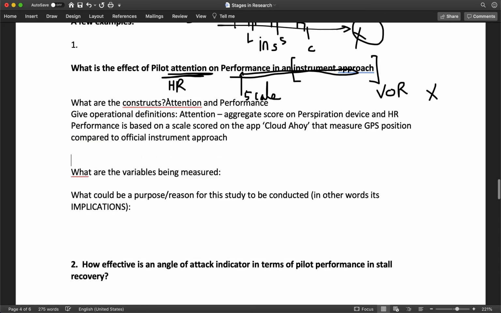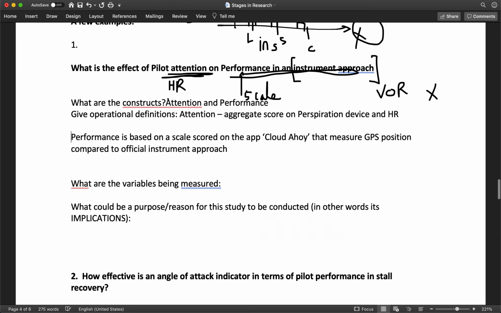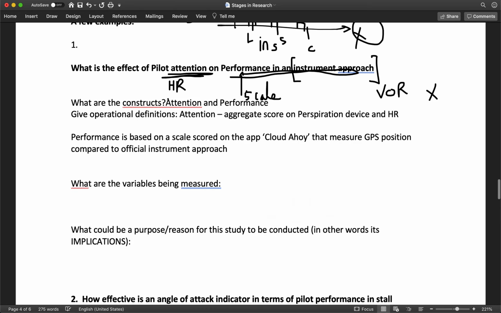So you can actually utilize that to measure the pilot's GPS position and compare to what the GPS position should be on that official instrument approach, and then score it accordingly. So if you use the same one over and over again, you'd be able to actually score everyone's instrument approach equivalently. What are the variables being measured? The variables are pilot attention versus pilot performance.